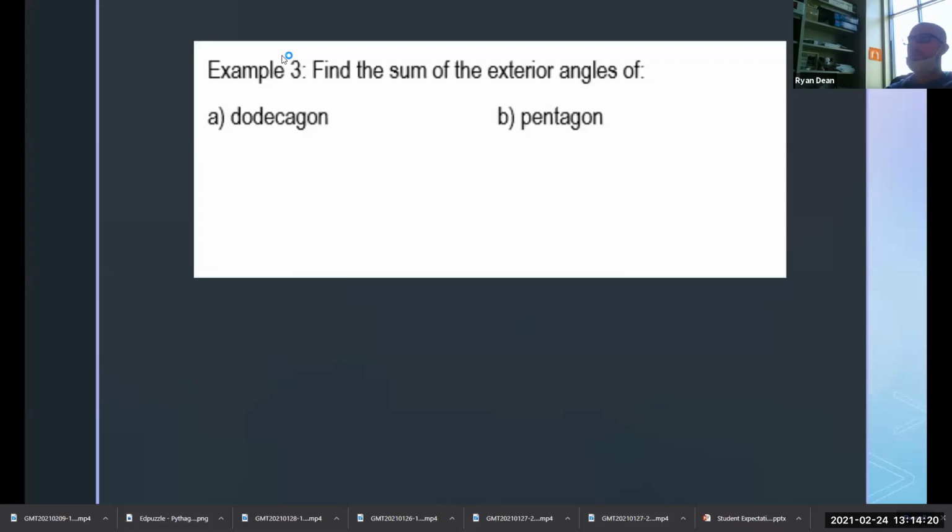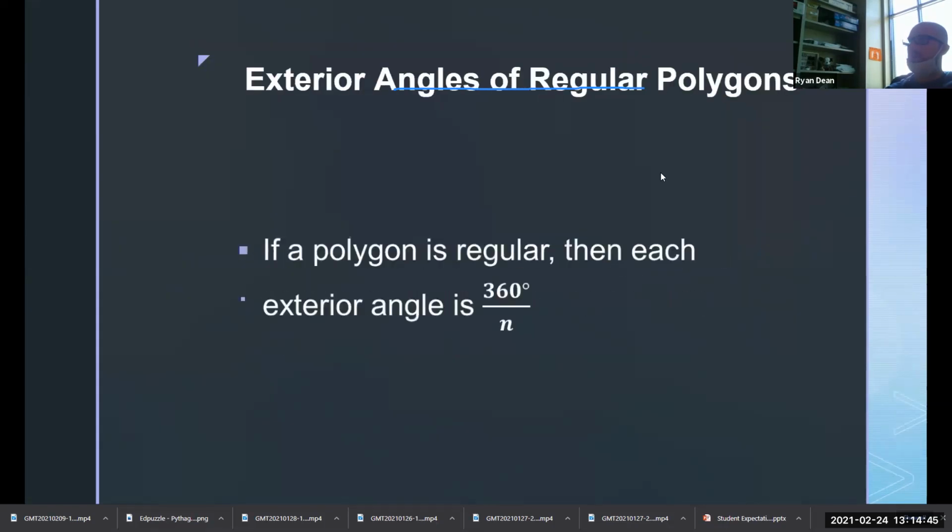All right, example number 3, trick questions. The answer should be the same for both. I'm going to let you go back to your notes and tell me what the answer is. Okay, so we're back. The sum of the exterior angles. Remember, this was one of our slides where we talked about our definitions.